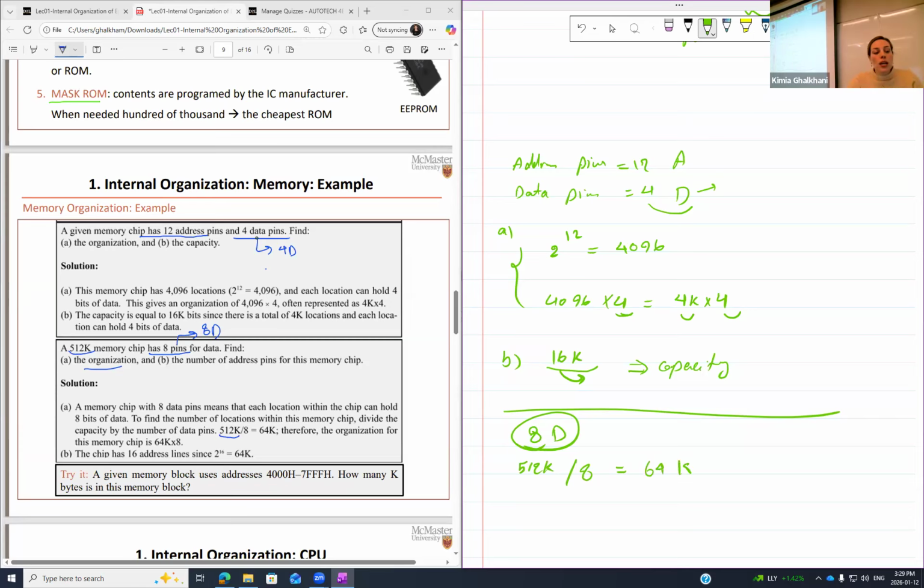So the organization for the memory is 64K times 8. If the capacity is 512K, the organization is 64 times 8. This is the organization. Make sense?